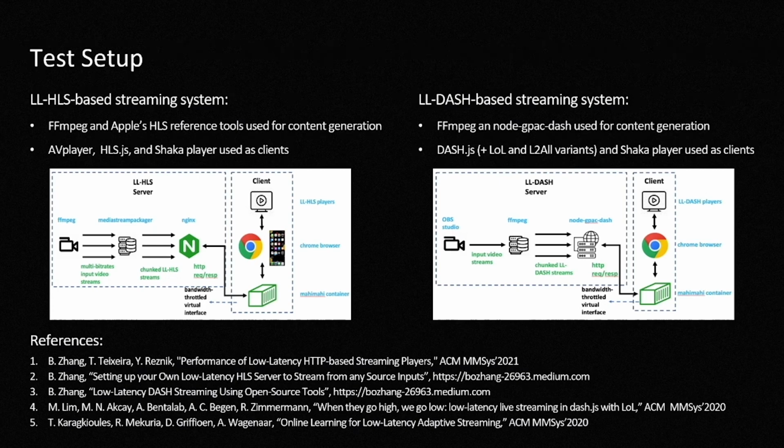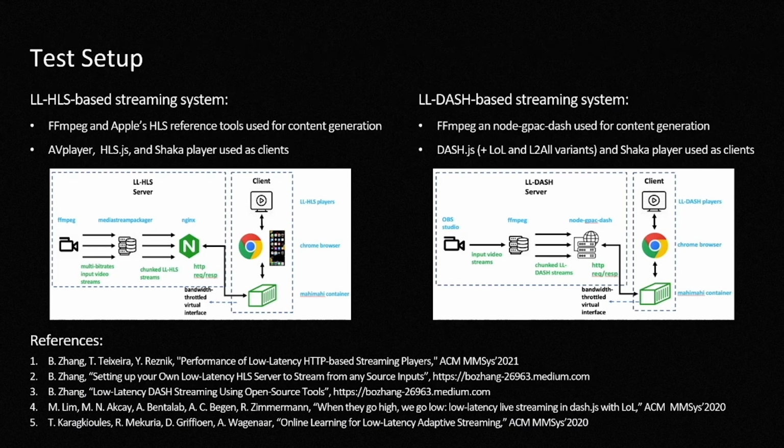A couple of references below provide additional details. And as clients for low latency HLS, we used Apple's native AVPlayer framework, as well as HLS.js and Shaka Players, which are varieties of JavaScript-based clients.